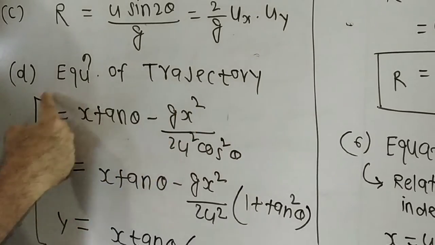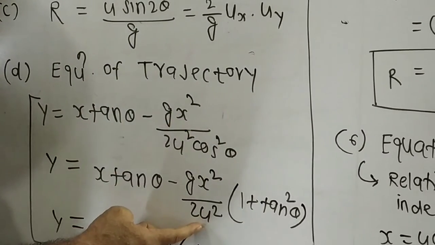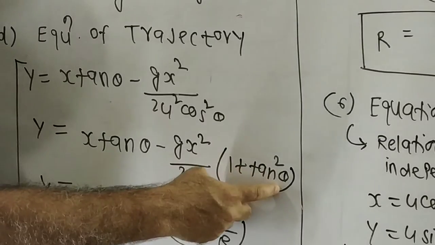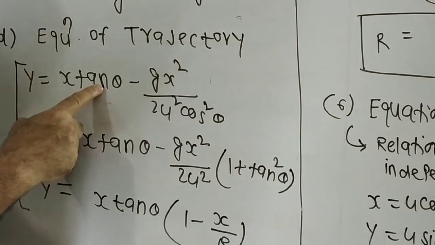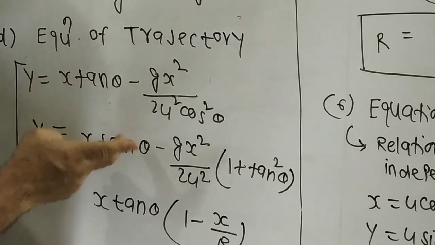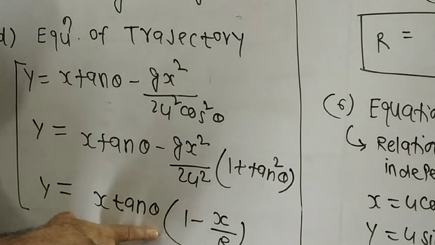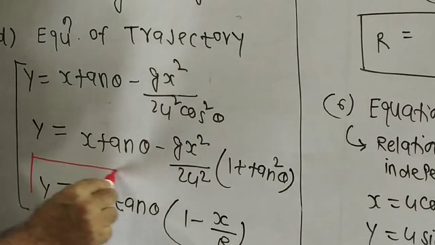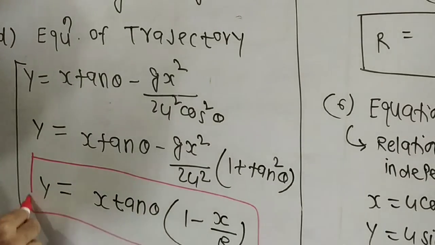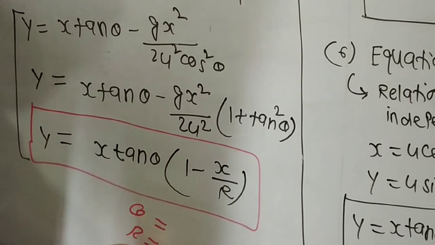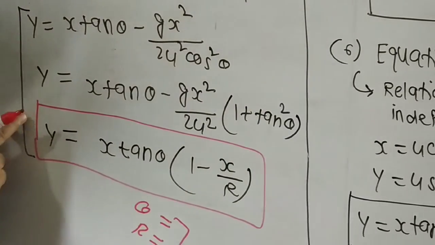Now this expression can also be converted like this, because 1 by cos square is sec square, and sec square is 1 plus tan square theta. So either this formula or this formula. Now the equation of trajectory can also be manipulated in terms of range. So if you manipulate, then trajectory equation can also be written like this. Why it is important? Because sometimes angle of projection is given, range is given, and question demands what is the equation of trajectory.